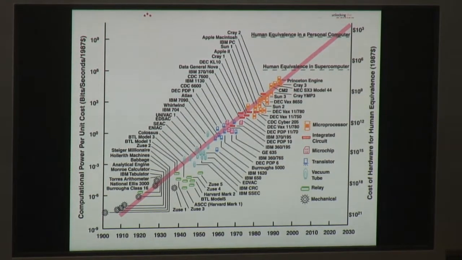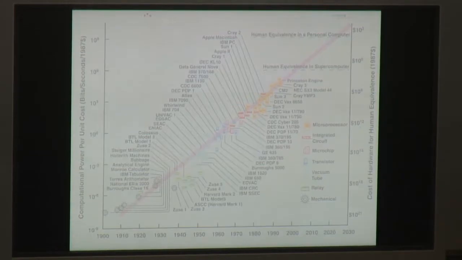There's the cost along this side as well. You can see the cost of hardware in 1978 dollars, so it's a bit low, but 10 to the power of 18 for one of those relay computers, compared to a very high-end supercomputer across the top here that's about $10 million or so. So huge amounts of computing cost.